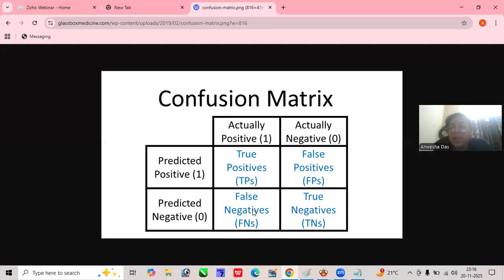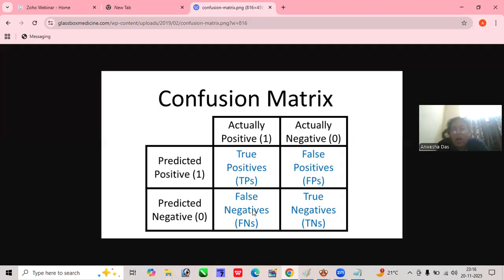Then the patient will die. Actually positive, but it is predicting negative. The case is positive but the report is unfortunately negative, so the patient will die. So always try to remember with the example. It will be very good for you.